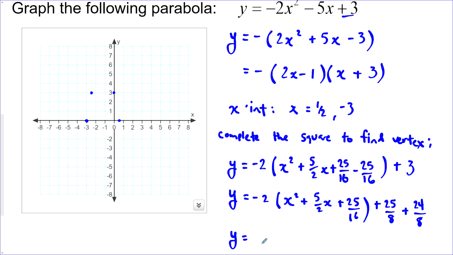And then we just need to factor our perfect square trinomial here, x plus, and it's always half of this term here, 5/4 squared plus 49 over 8, and that's a bit awkward to graph, so that is the same thing as 6 and 1/8. So now we know where the vertex is, that it's at negative 1 1/4 and 6 1/8. So about there. And now we can draw our parabola.